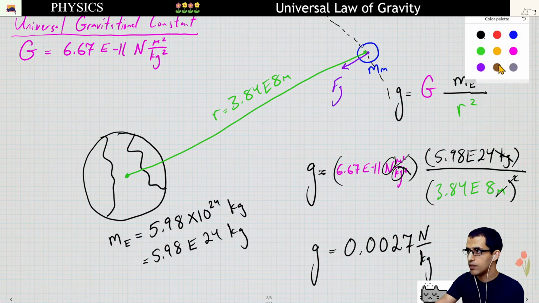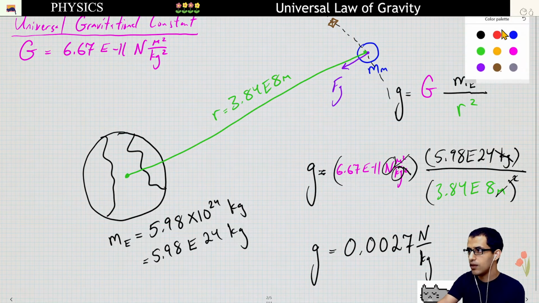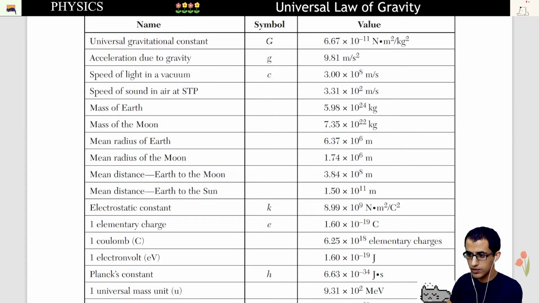We can even bring our little box here and calculate the force of gravity acting on it here. So let's start with the force of gravity acting on the moon. I just take the mass of the moon and multiply it by the field intensity at that location. So what is the mass of the moon? I can find it here on the reference table. The mass of the moon is 7.35 times 10 to the 22.